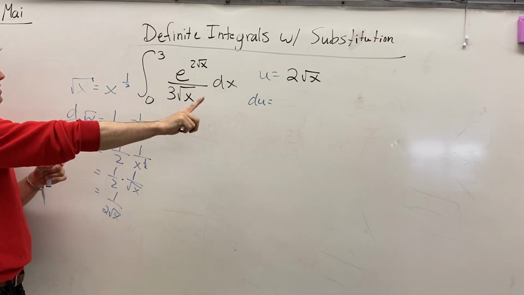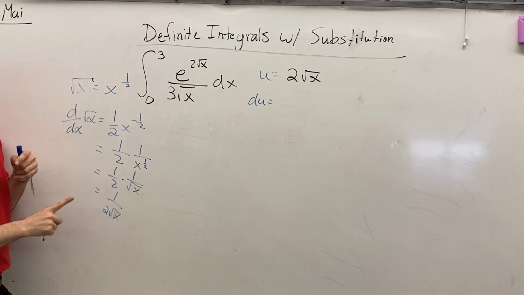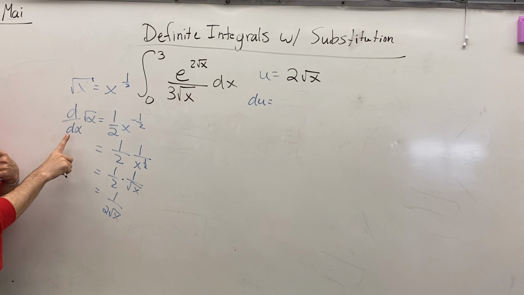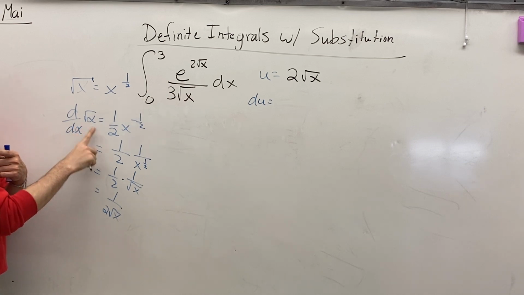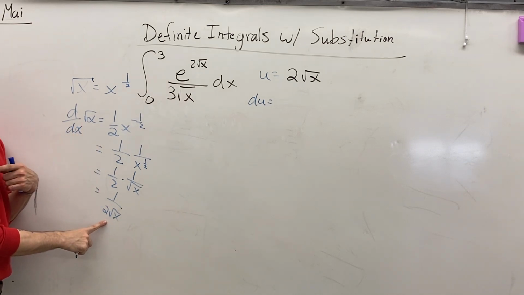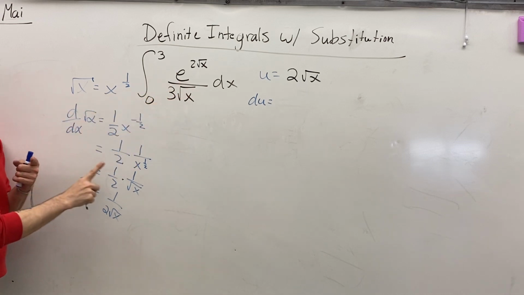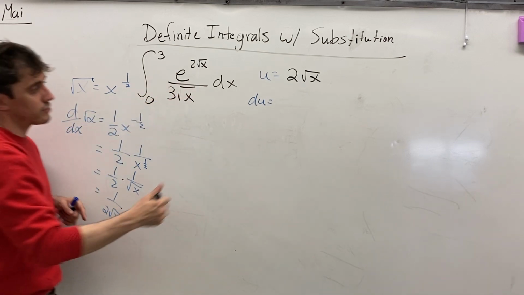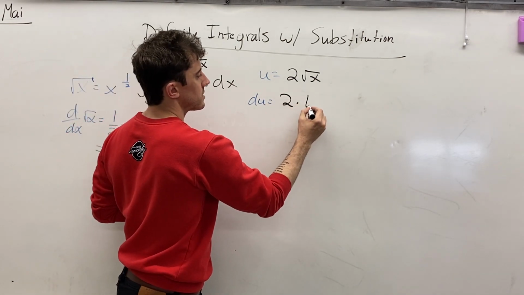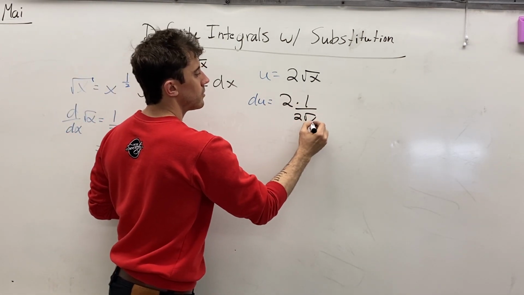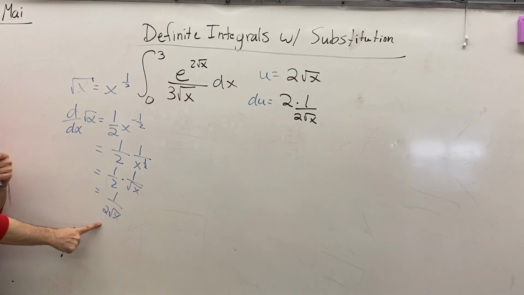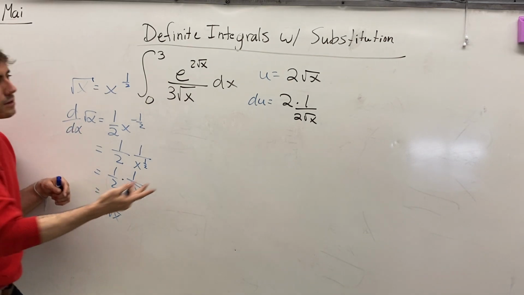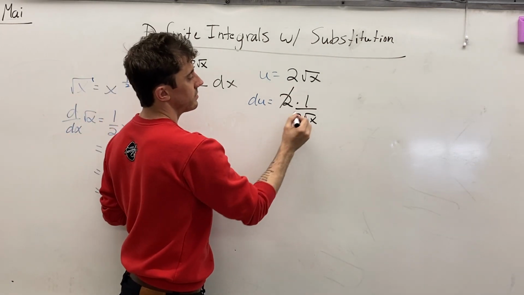And if u is 2 root x, then du is going to be this. If the derivative of root x is this, then the derivative of 2 root x is simply going to be 2 times this. And so 2 times 1 over 2 root x, which is the result that we found earlier, the 2's conveniently cancel out.